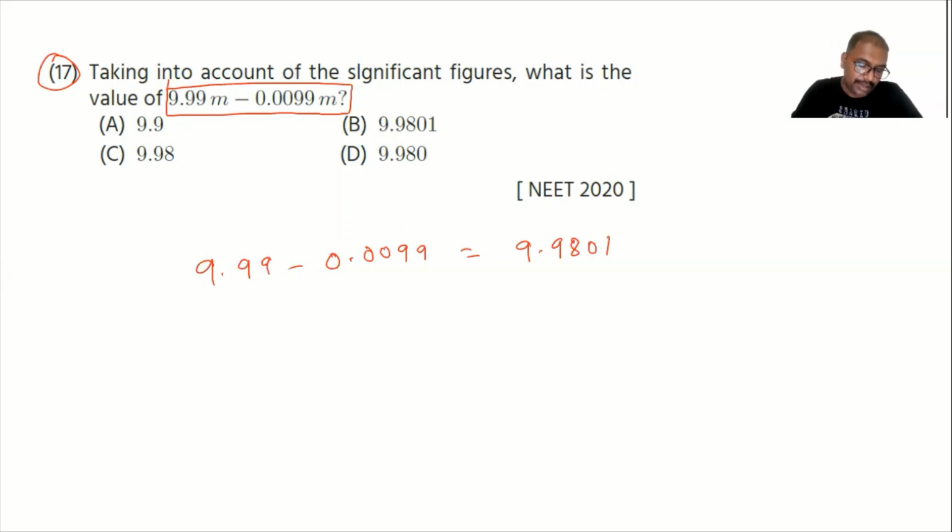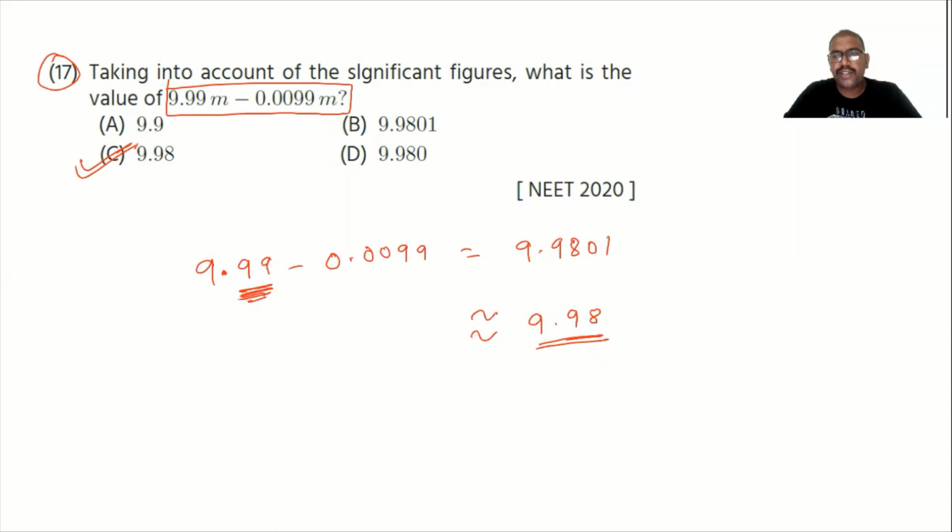If you see this, here 2 digits after the decimal point are there. So obviously the answer also has 2 digits after the decimal point. So we can write this answer 9.98. Only 2 digits after the decimal point we have to write, which is written in option C. So option C is the correct answer.